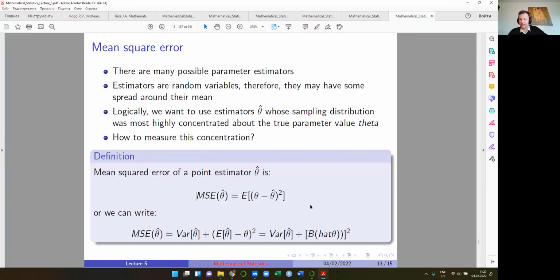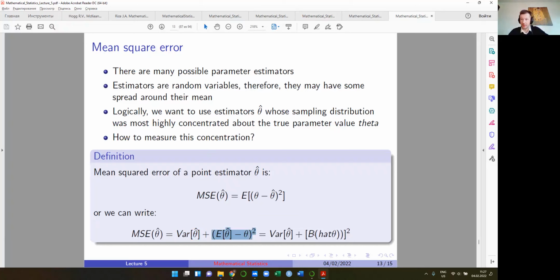We can rewrite this expression slightly differently, after some operations I decided not to show here. We can rewrite this as the variance of theta hat. So this is familiar to us. Plus this term. What is this? We introduced this several slides ago.